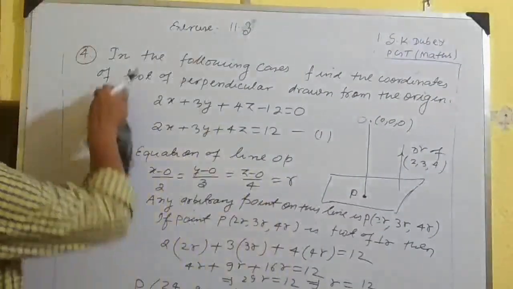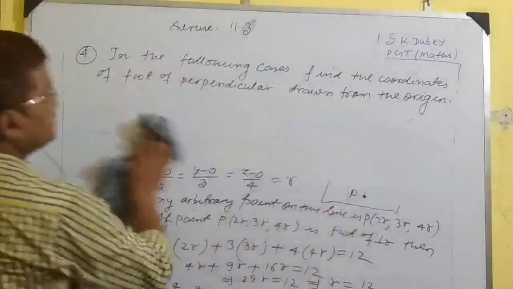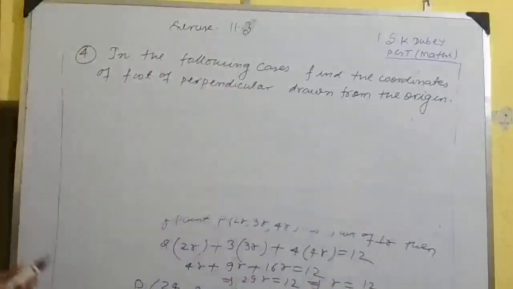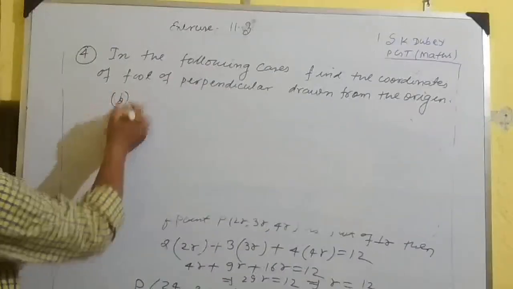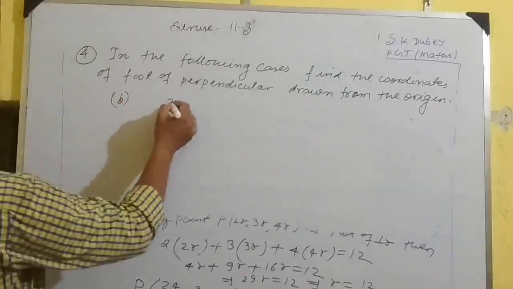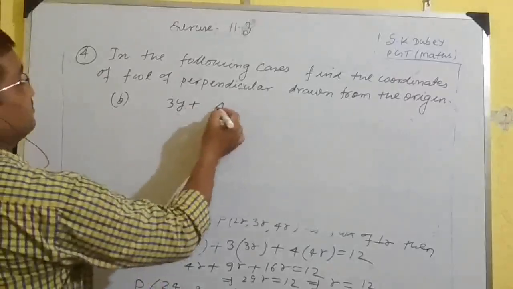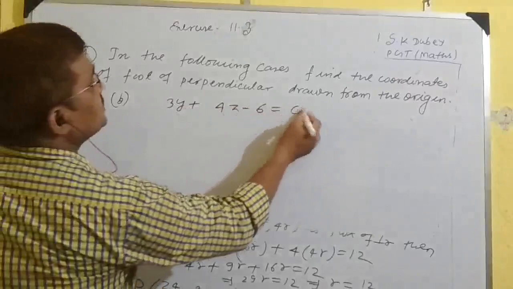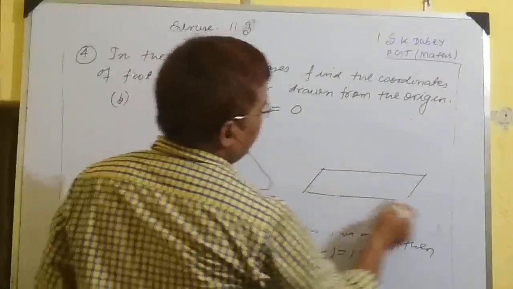Our second question is 4B. The second question is 3y plus 4z minus 6 is equal to 0. Again, we are going to apply the same process.